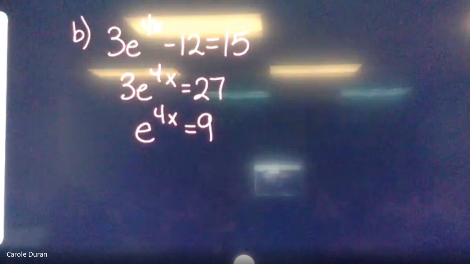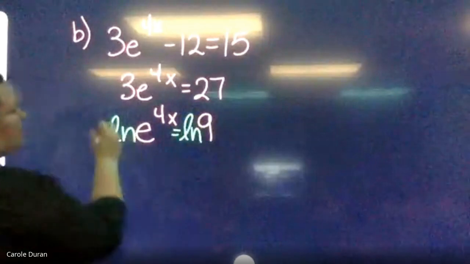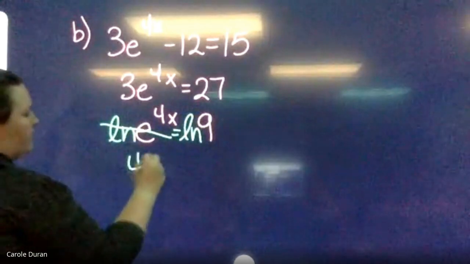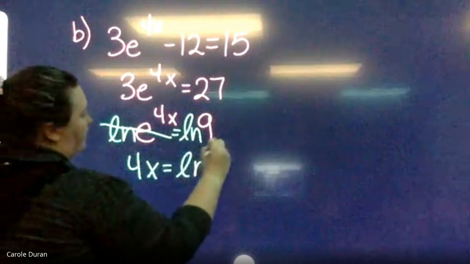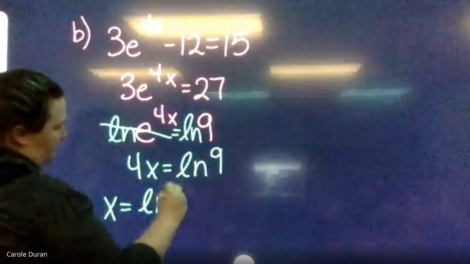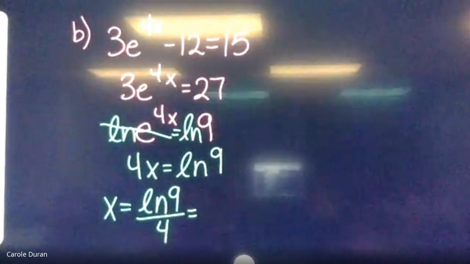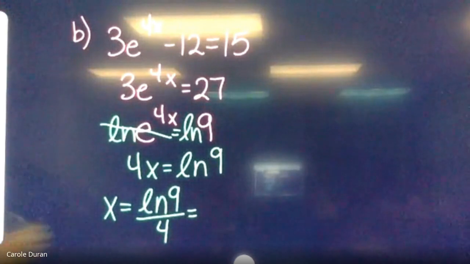The only way to do that is to cancel out my base. So I'm going to natural log both sides. Natural log and e cancel, leaving me with 4x equals the natural log of 9. And then I just divide by 4. And I get my answer, which should be approximately 0.5493.